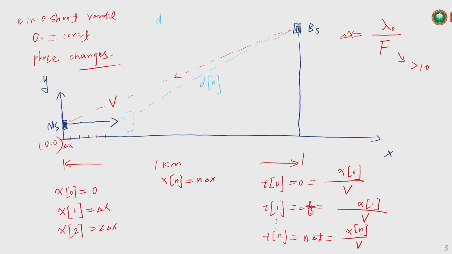So it's the distance between the mobile user and the base station. The 1 kilometer we assume as capital D, so D node. At the initial point, D node equals capital D. When it moves to the first sampling point, it becomes D node minus what?